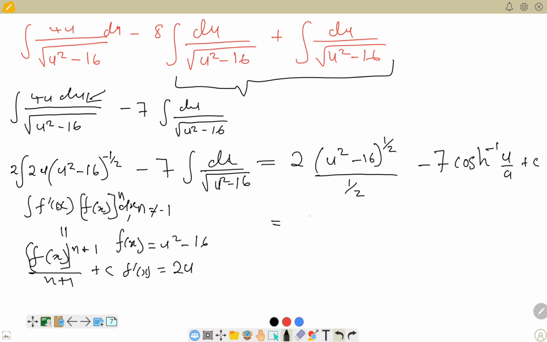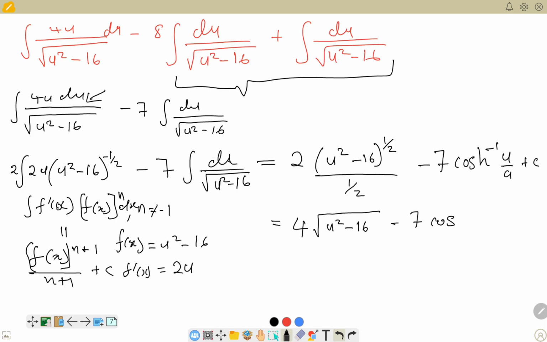Then 2 divided by half. It's the same as actually saying 2 multiplied by 2, because you will take the 2 up. So it will make this to be actually 4. And then this can be written as, because it's a square root, it can be written like that.